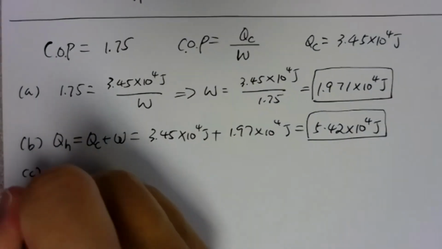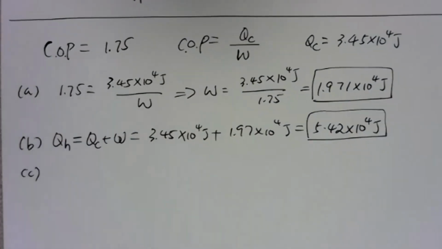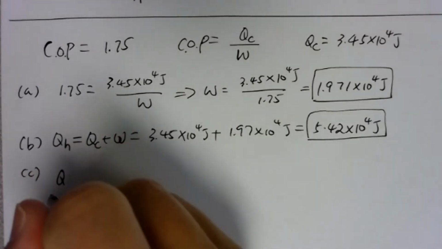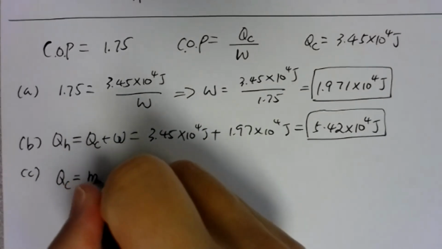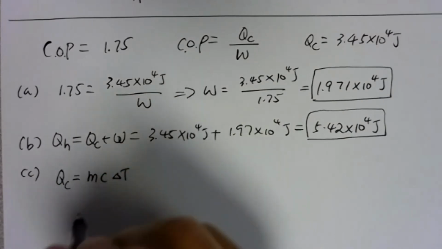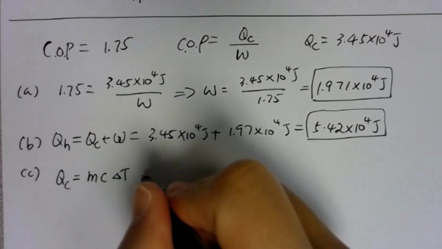All right, now the last part. How long does it take to cool 500 grams of water from 20.0 degrees to 2.00 degrees? On this one, we can calculate how much heat it takes off during the process. So QC for the cold reservoir is m c delta T. It's water, so you can look up the specific heat.